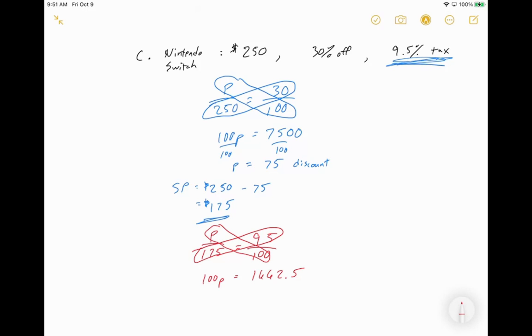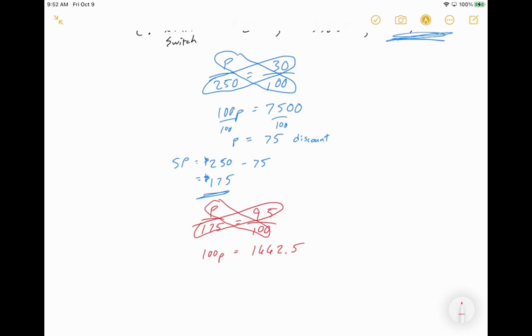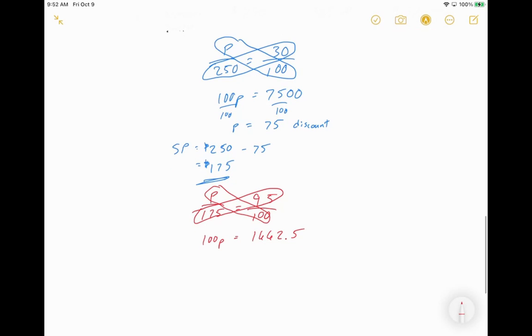You, of course, can do it the shortcut way. I'll show you guys a shortcut way for those of you who like the shortcut way. Okay. All right. Divide by 100. Divide by 100. P is equal to 16.625. Okay, so this is our tax right here.